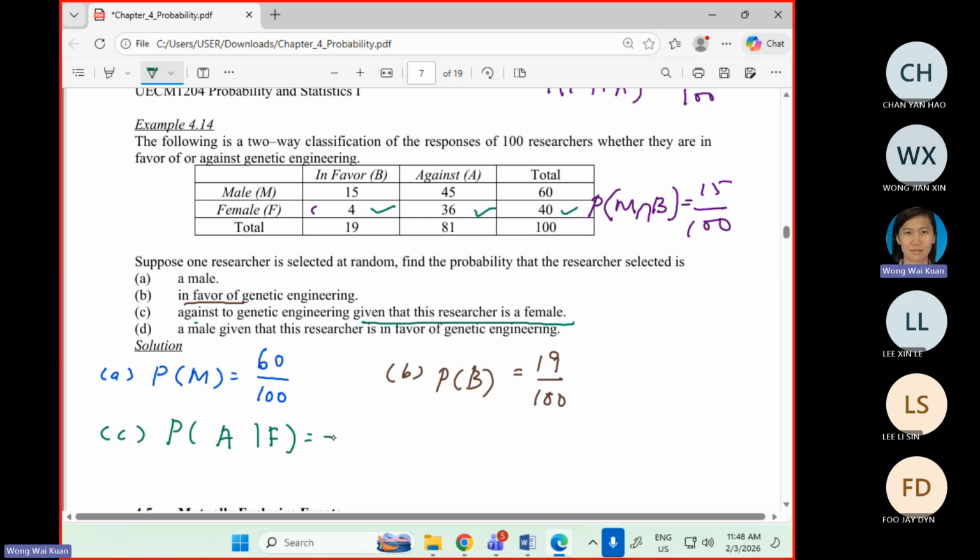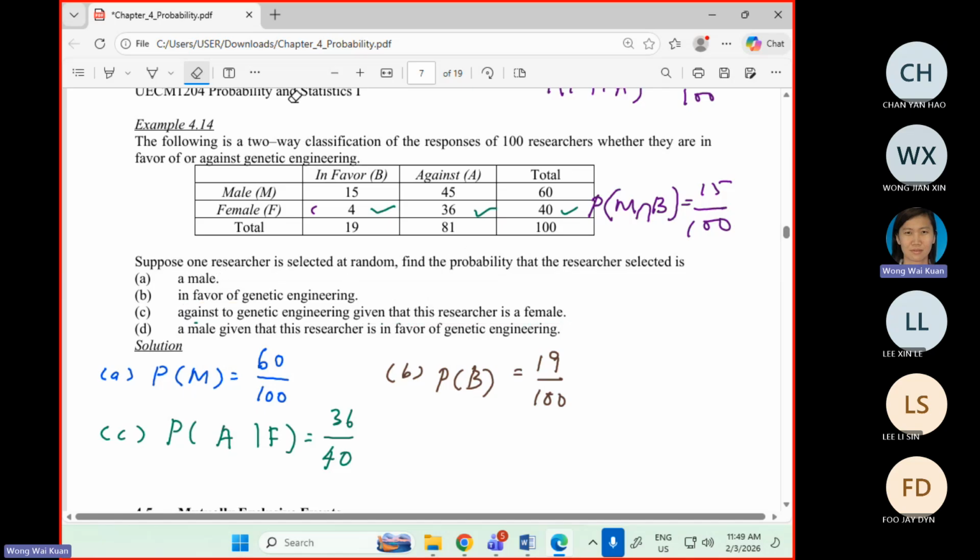I have all together 40 only. I don't have 100. I have 40 only. And out of 40, how many against? 36. You get it? You see the difference? When we have 'given that', that means we have a restricted population. We restrict to female here. Okay? Can understand? Okay, make sure you understand.